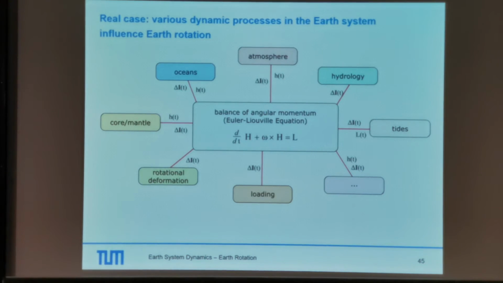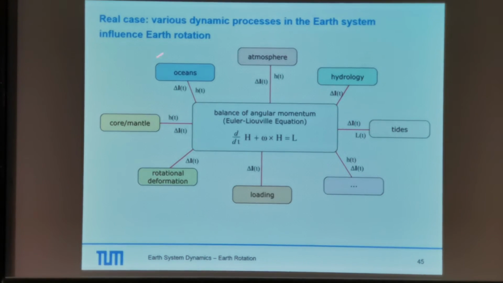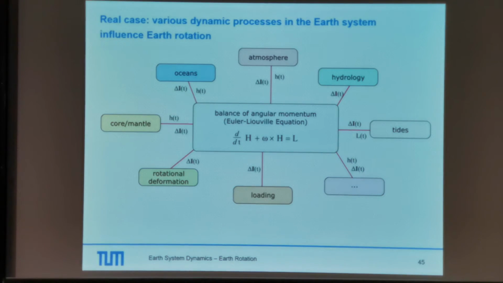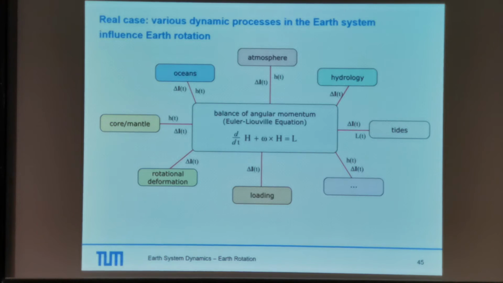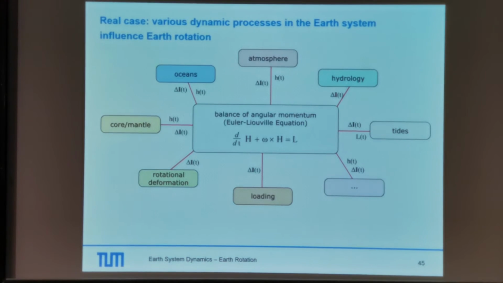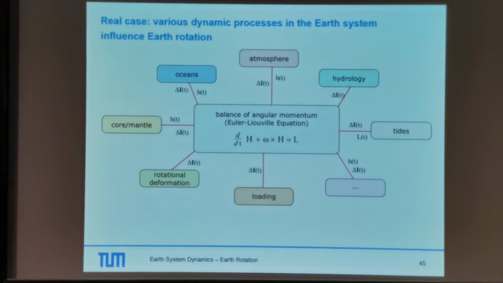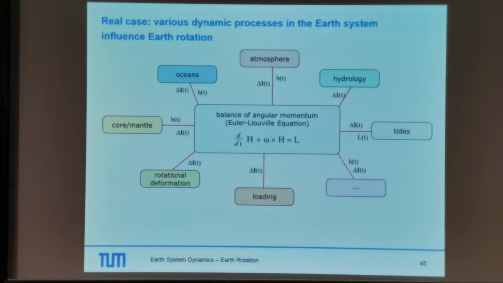Since this is not a complete picture, for example, the cryosphere is missing, if we have relocations of mass due to snow melting or motions of large glaciers, for example, or ice fields within the ocean. Also the biosphere is affecting the Earth's rotation.